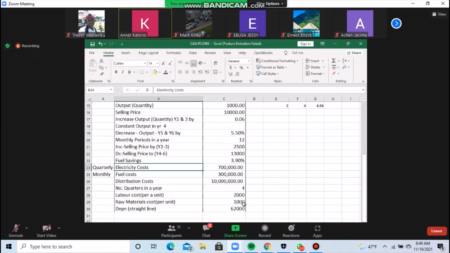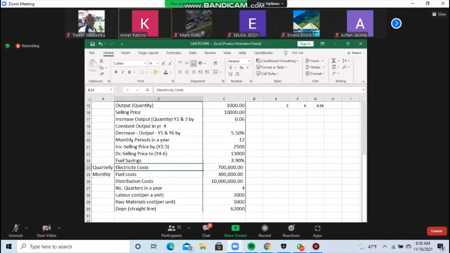So if per unit you're buying at 1,000, then how much are you going to spend to buy this raw material that you're using? Still get the cost per unit and multiply it by the number of units you're going to buy. That's what we are going to do.